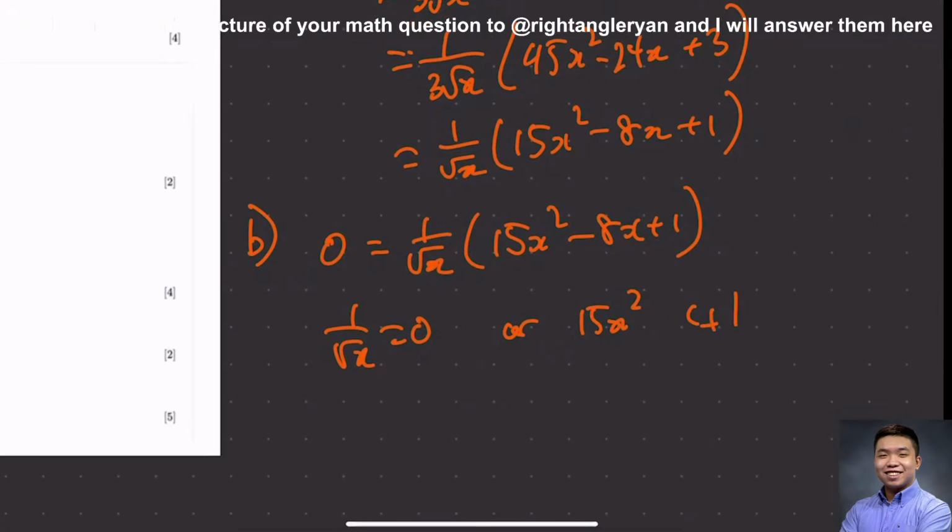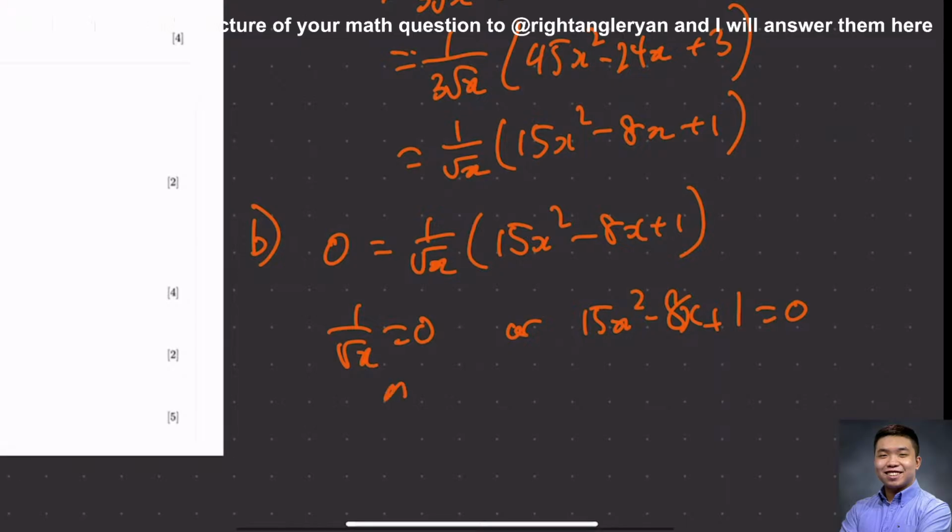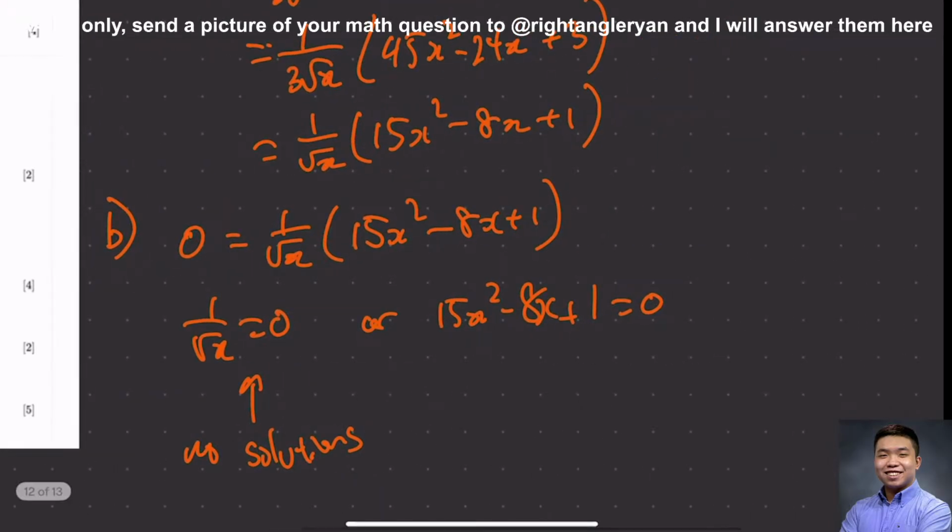This is so ugly. Minus 8x plus 1 equals to 0. I know this has no solutions. So therefore, my solutions must come from this quadratic. This quadratic is, if I'm going to split the middle term, 15, negative 3, and 5. So x squared minus 3x minus 5x.